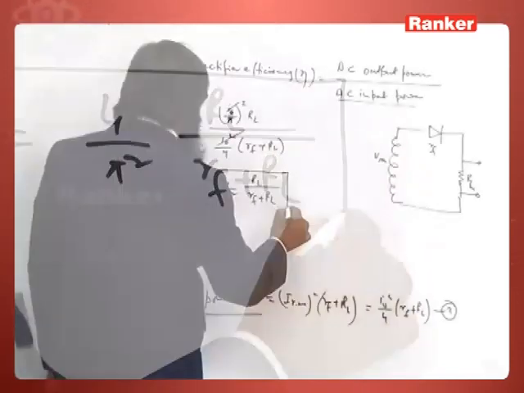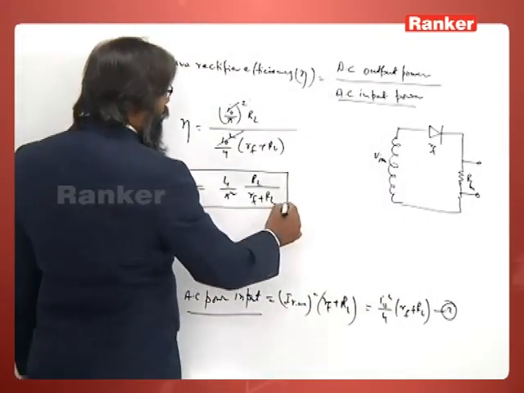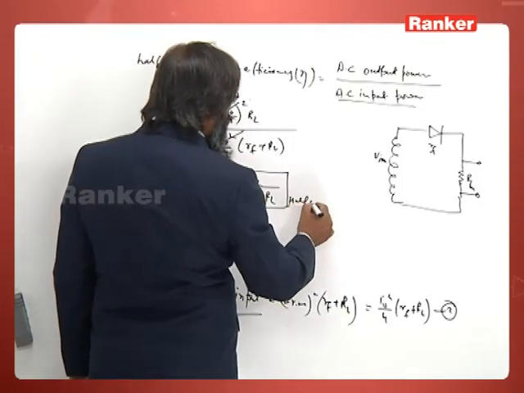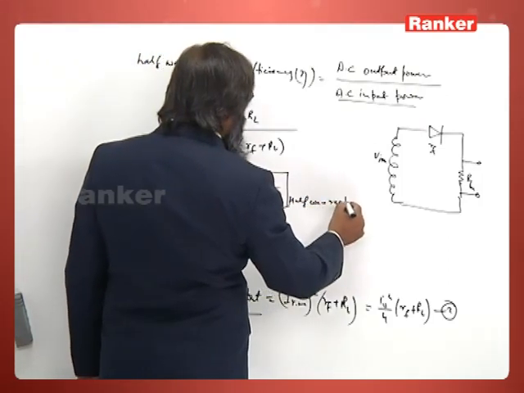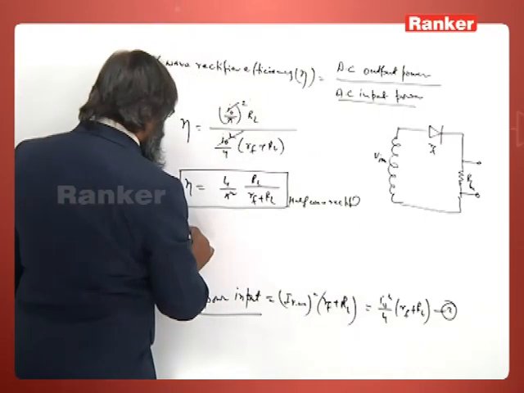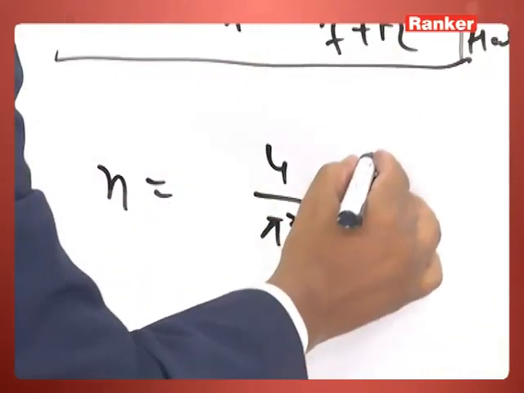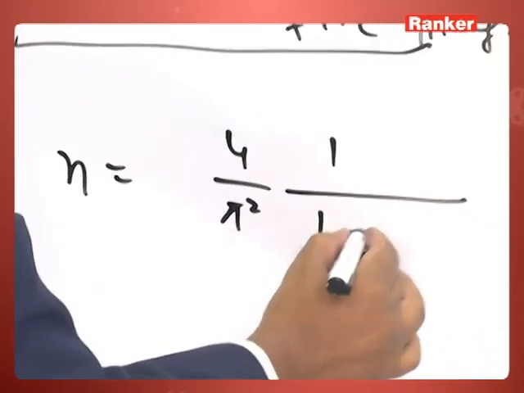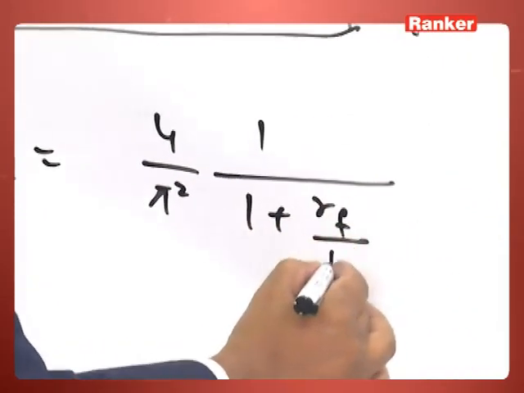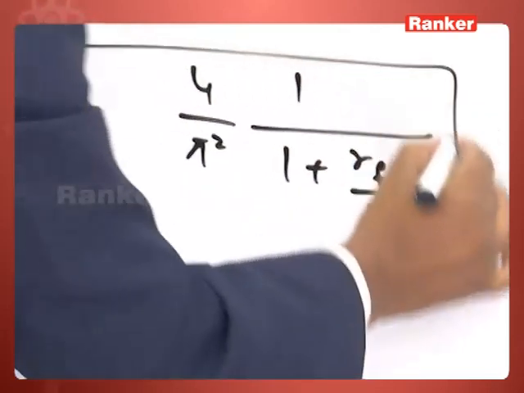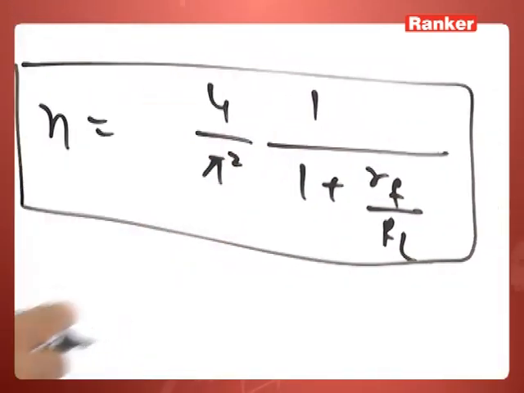This is my efficiency of a half wave rectified wave. So eta will be 4 by pi square, 1 by (1 plus RF by RL). We can write this in this format also.